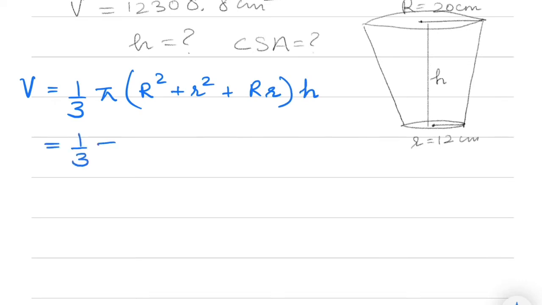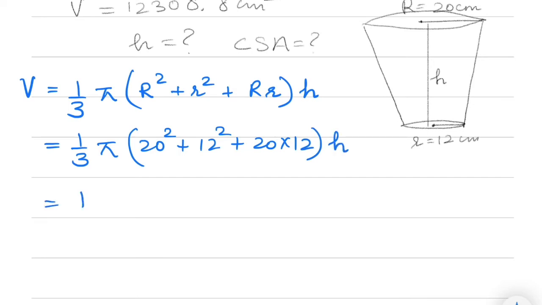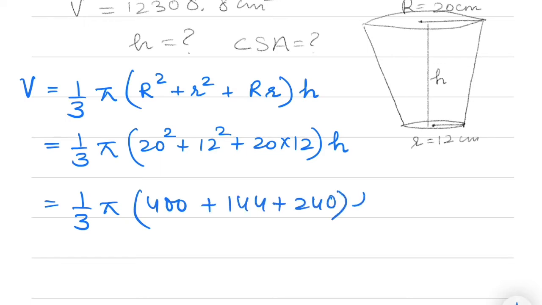1 by 3 pi and capital R is 20, so 20 square plus 12 square plus 20 into 12, and height we have to find out, equal to 1 by 3 pi and 400 plus 144 plus 240 into height. This volume is given to us as 12308.8.